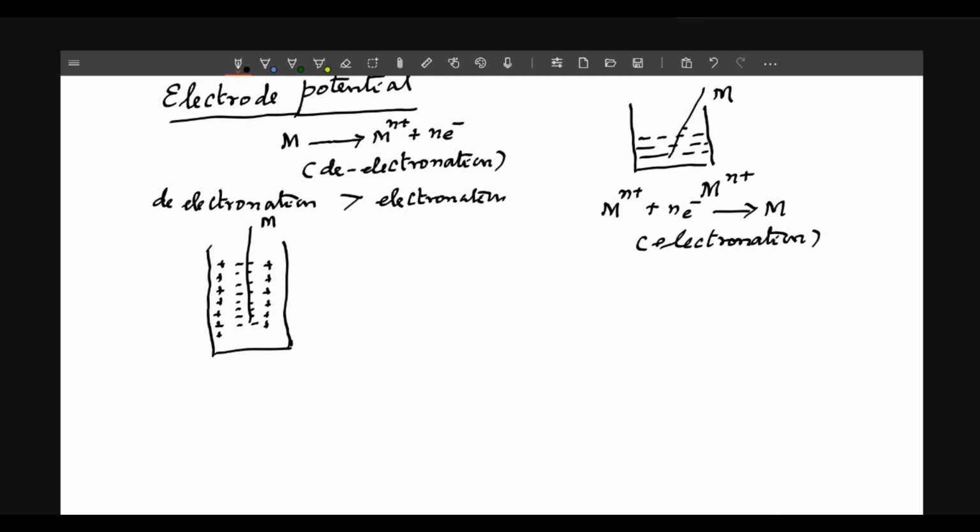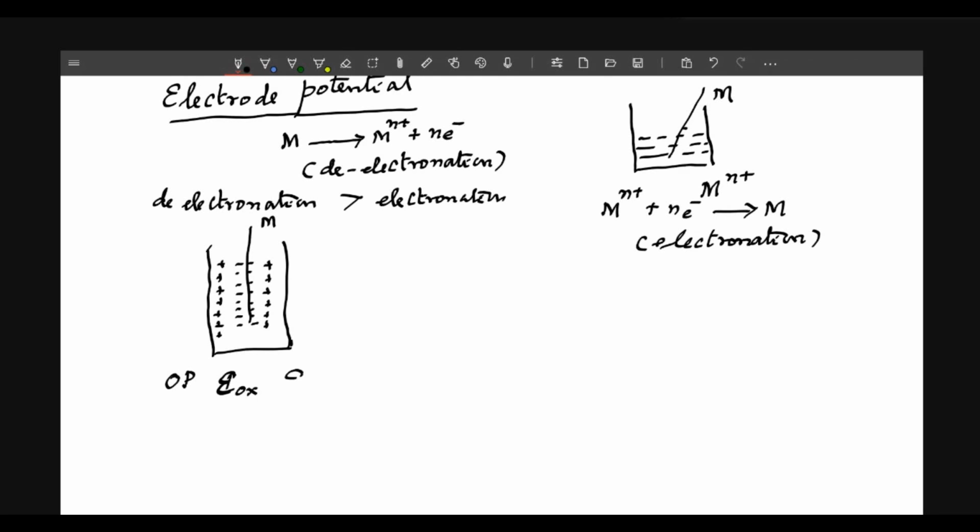Because oxidation is taking place, it is the oxidation potential, and it is represented by OP or E of ox, epsilon, not E, epsilon of ox. The small epsilon is reserved for representing the electrode potential, and the capital E is used for the cell voltage.